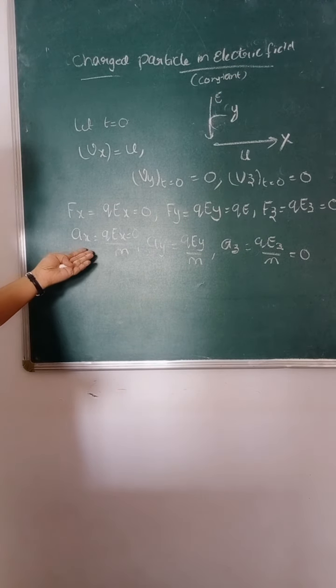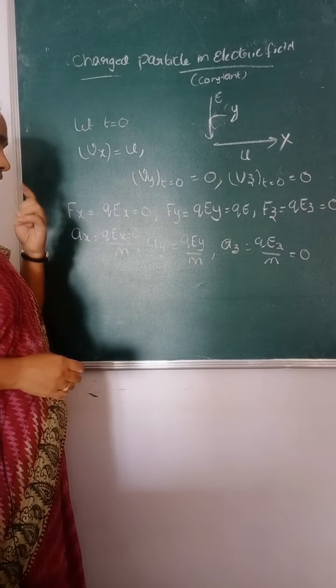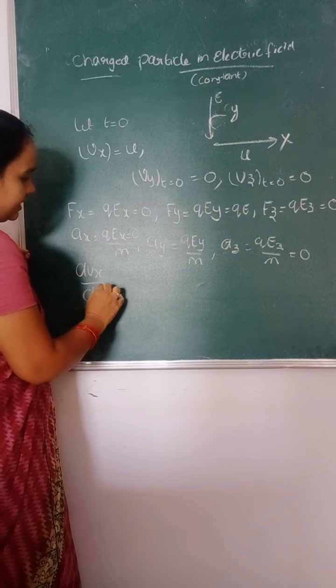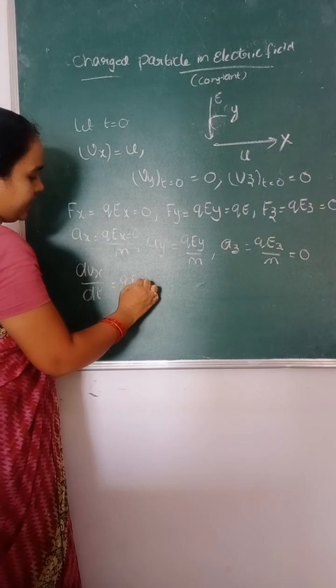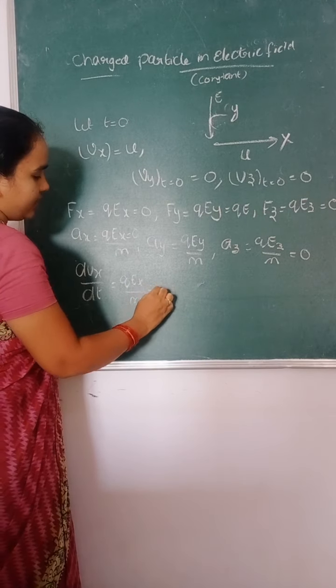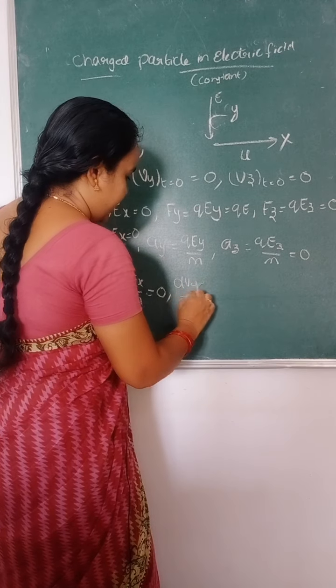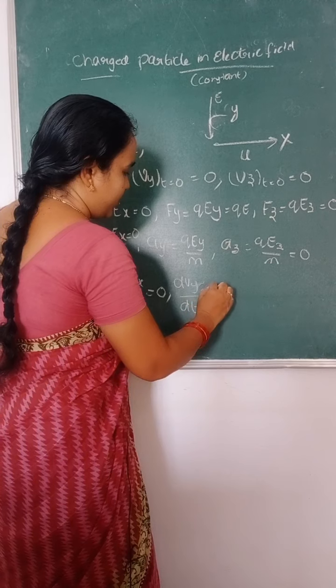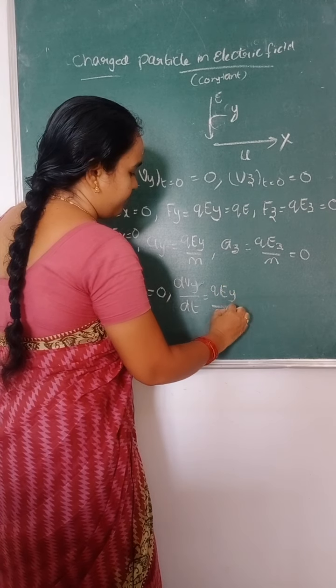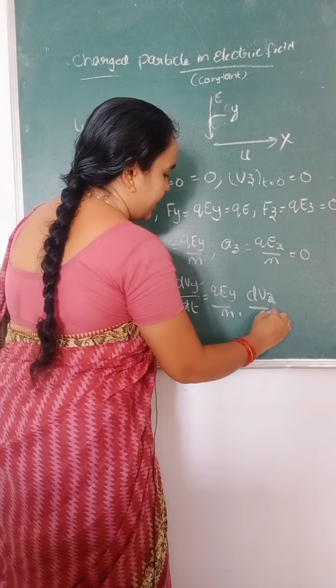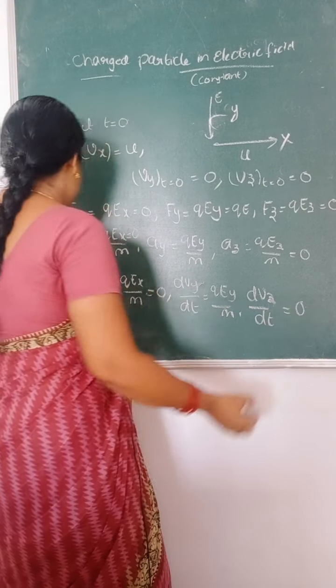We know that acceleration is the rate of change of velocity, that is dVx by dt is equal to QEx by m, which is equivalent to 0, and dVy by dt is QE by m. The next one is dVz by dt, which is equal to 0.